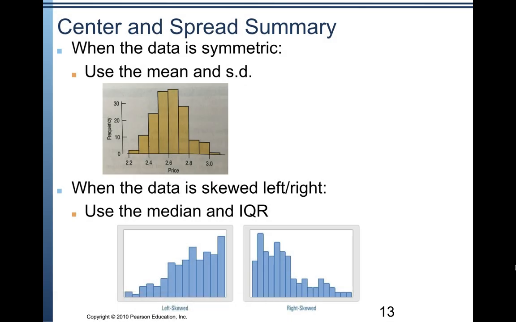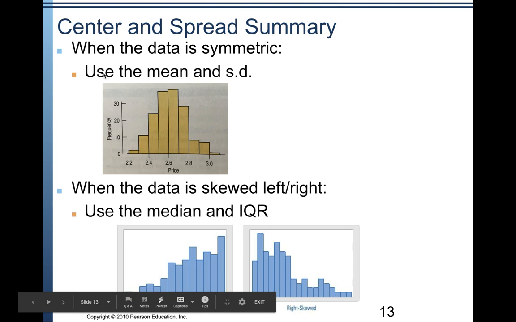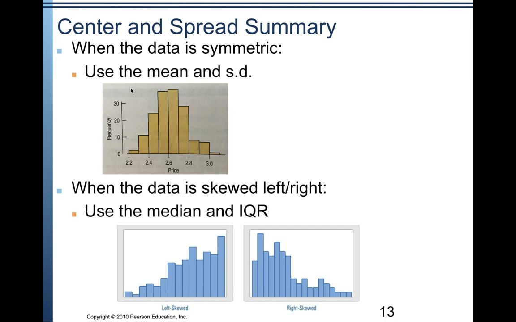So, to sum up, we talked about mean and median, and interquartile range and standard deviation, and it depends on whether the data is symmetric or skewed. I summed that up here. When the data is symmetric, and I have an example here, we use the mean and the standard deviation.